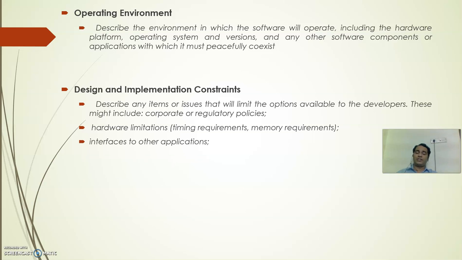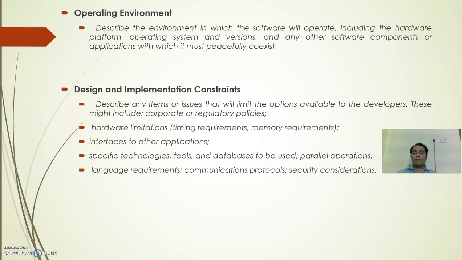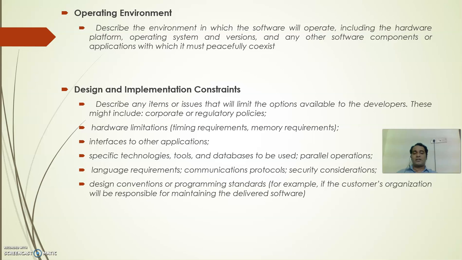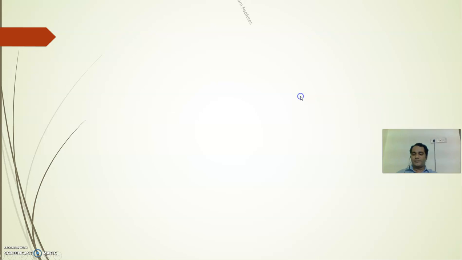Interfaces to other applications, specific technologies, tools, databases to be used, parallel operations expected, language requirements, communication protocols, security considerations, design conventions or programming standards. If the customer organization will be responsible for maintaining the delivered software, that should be mentioned here. So these are implementation constraints, which should be clearly specified under this category.